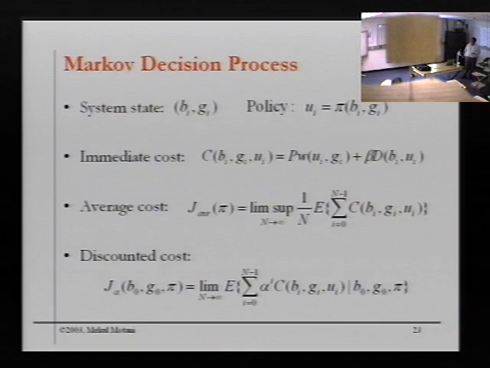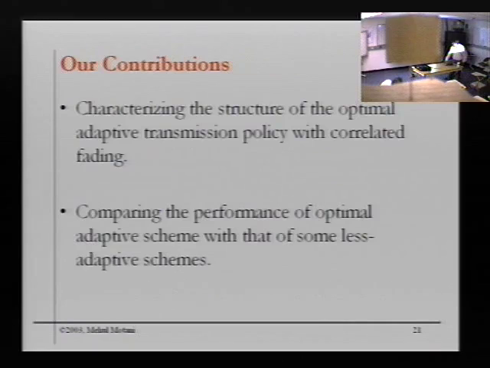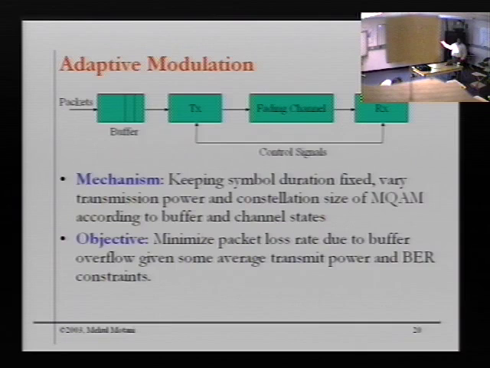Now I want to minimize the packet loss rate, which is the buffer overflow, subject to meeting a constraint on power. So you just get whatever rate you can on the channel, but your goal really is to maximize the rate.